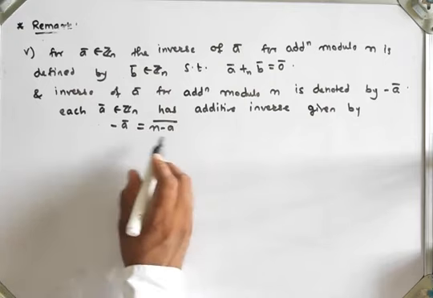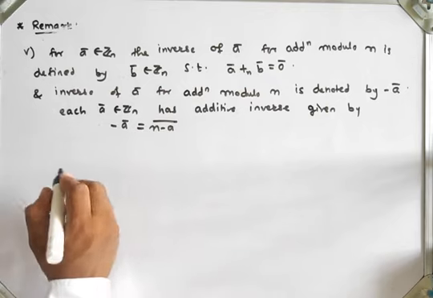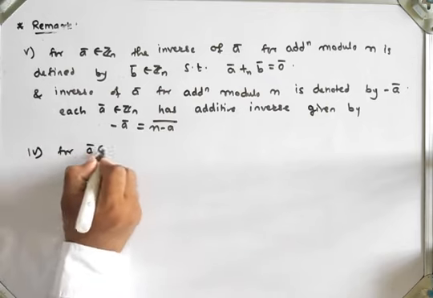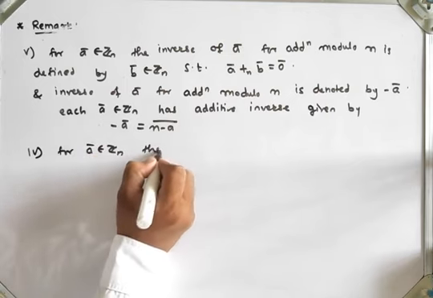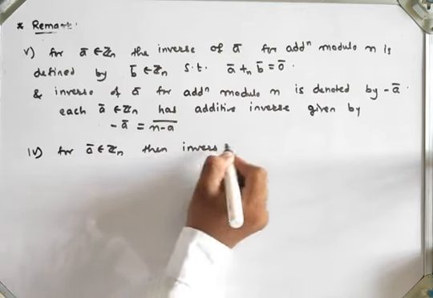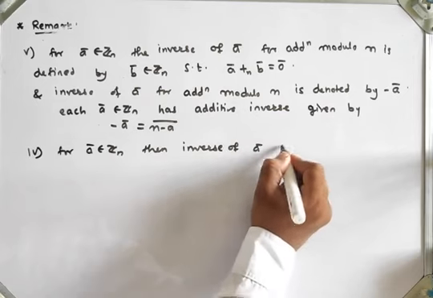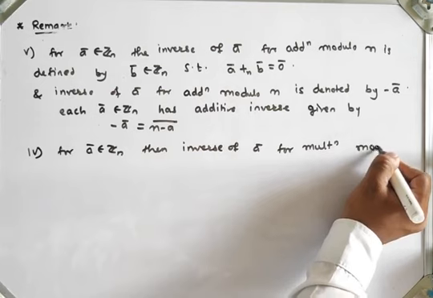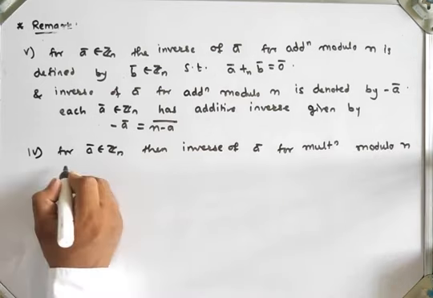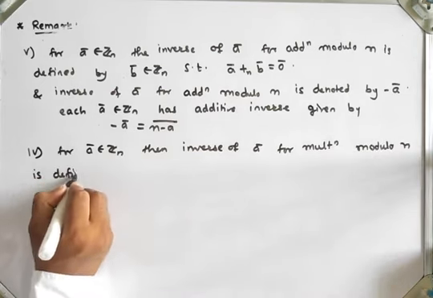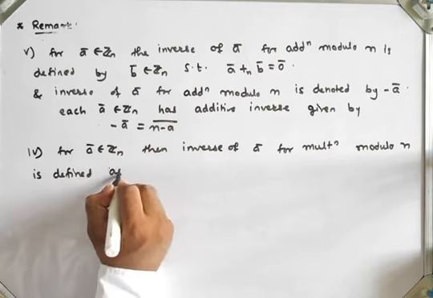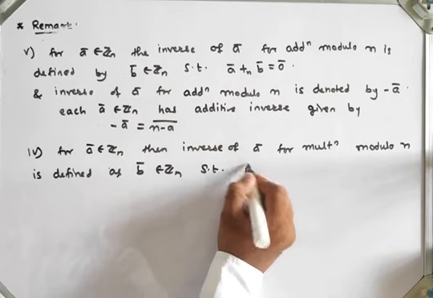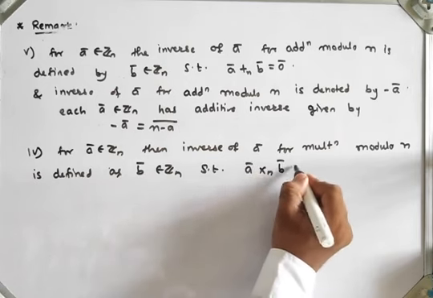And the last property: for a bar belonging to Zn, the inverse of a bar for multiplication modulo n is defined as b bar belonging to Zn such that a bar multiplication modulo n b bar is equal to 1 bar.